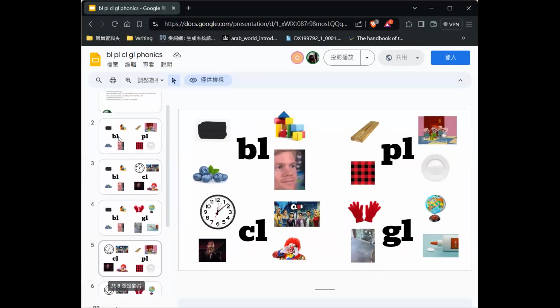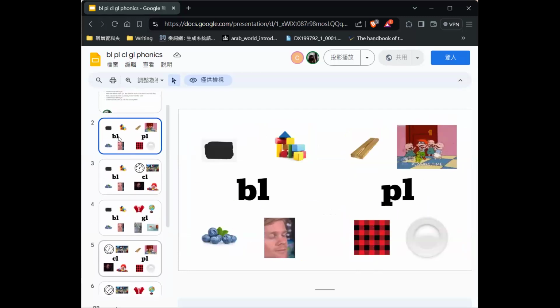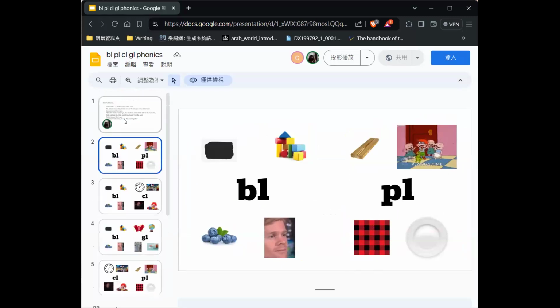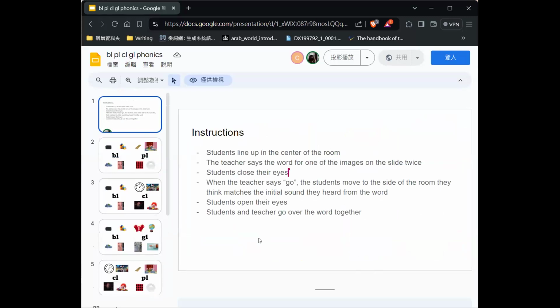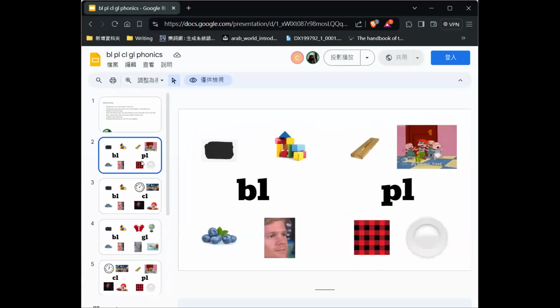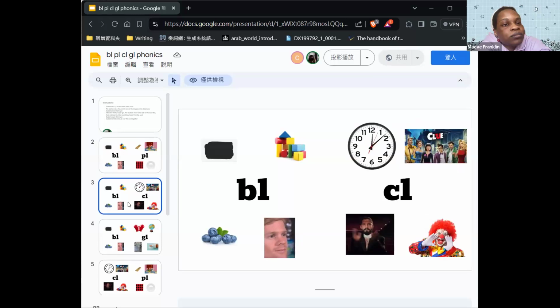The teacher will say one of these words, and then the students close their eyes and move to the side of the room that they think the sound is. For example, if I say the word block, then the kids will move to the left side of the room.